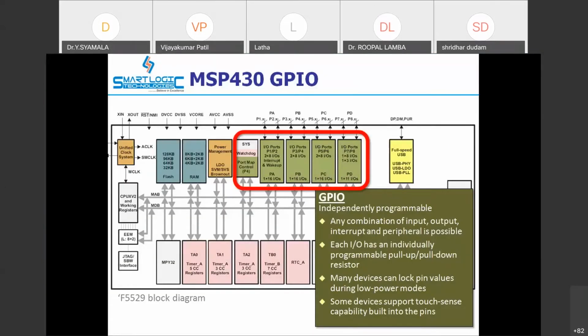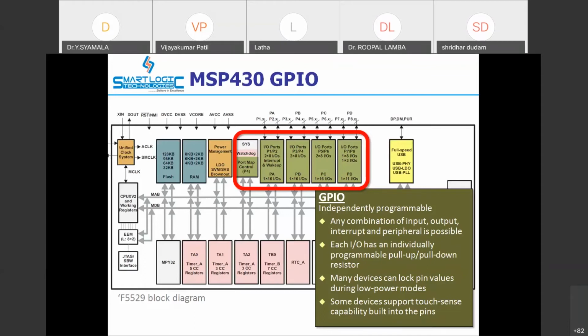Another important feature of any controller is the GPIOs. We are going to interface a lot of devices using the general purpose input output ports. There are a number of GPIOs: port 1, port 2 up to port 8 are present in the MSP430, depending upon which controller we are using and how many pins that IC has.